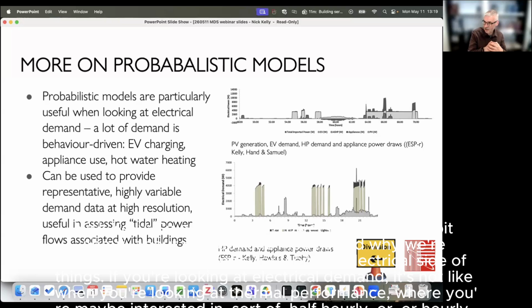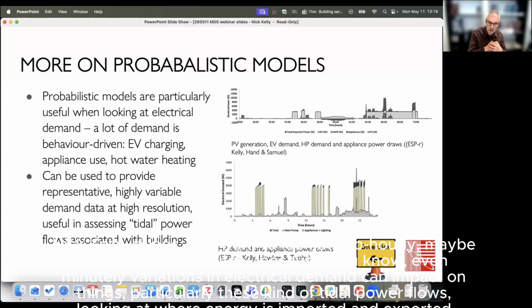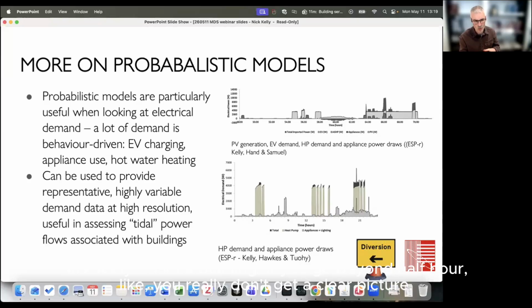Generally, with electrical things, you want to look at sub-hourly, maybe even down to minutely, because even minutely variations in electrical demand can have an impact, particularly on these tidal power flows, looking at where energy is imported and exported from a building. If you go beyond half hourly, you really don't get a clear picture of what those tidal energy flows look like.